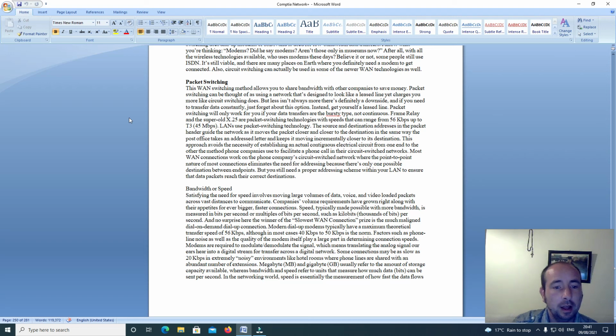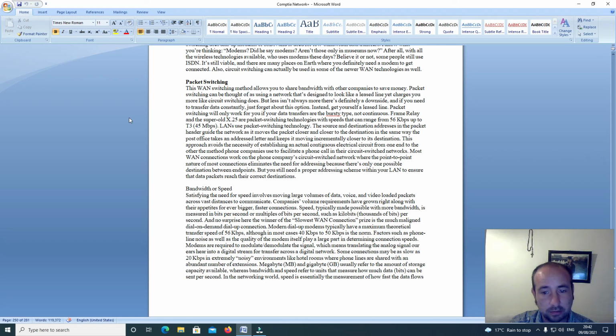Packet switching. This WAN switching method allows you to share bandwidth with other companies to save money. Packet switching can be thought of as using a network that's designed to look like a leased line, yet charges you more like circuit switching does, but less isn't always more. There's definitely a downside, and if you need to transfer data constantly, just forget about this option.